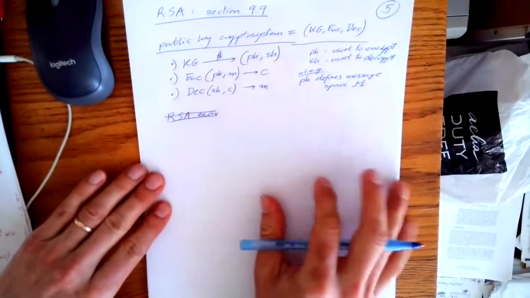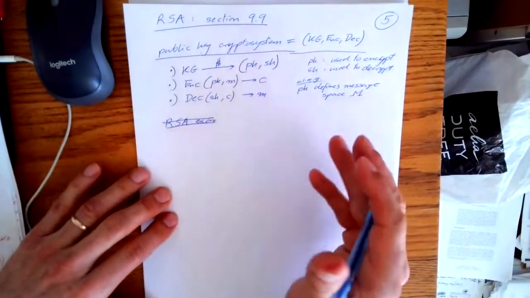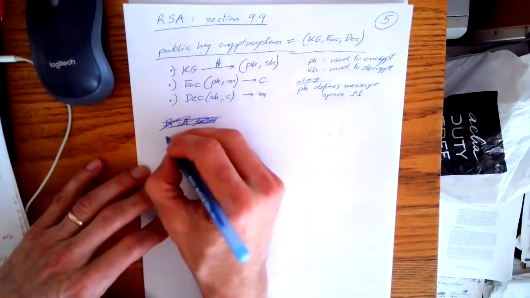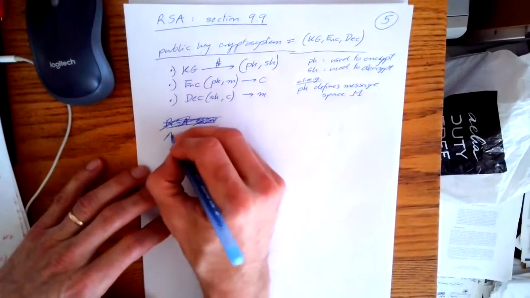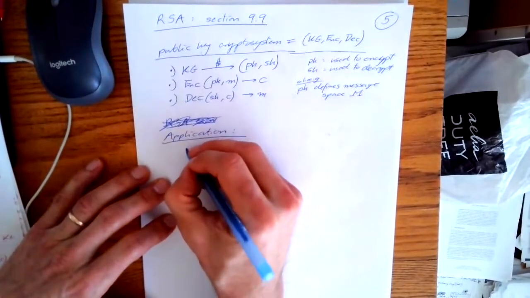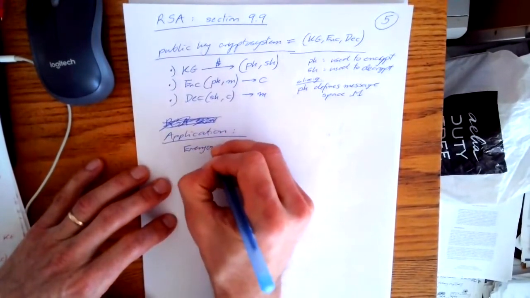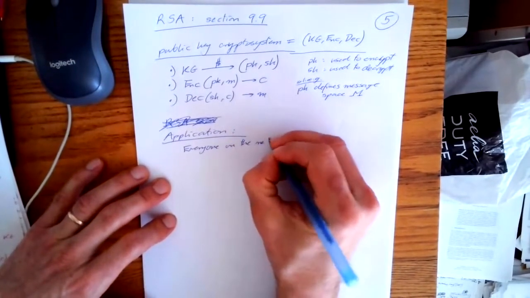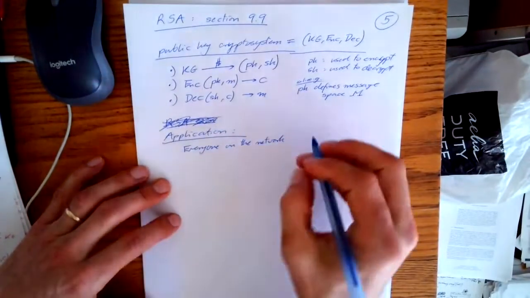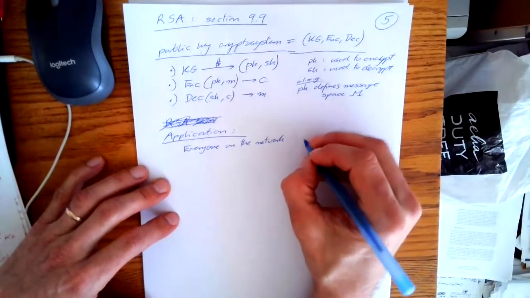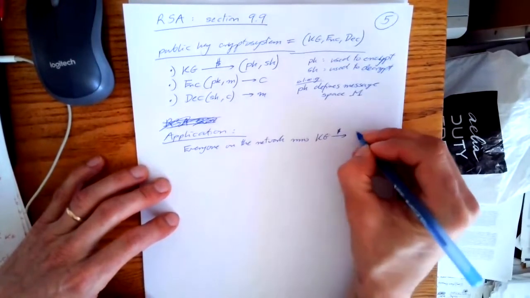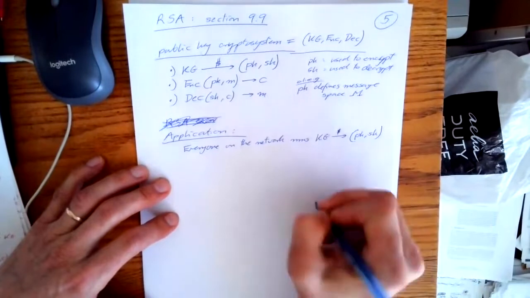Now let's look at the RSA example. Before that, let's just maybe explain the motive. How will this be used? The application is as follows. Everyone on the network, let's say every UCI student or every internet server, runs key generation to create their own random public key, secret key pair.